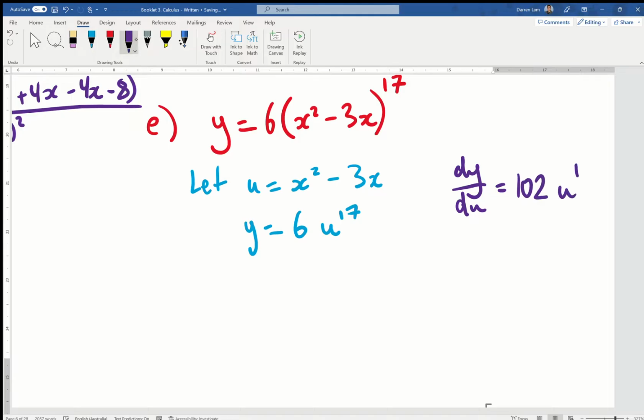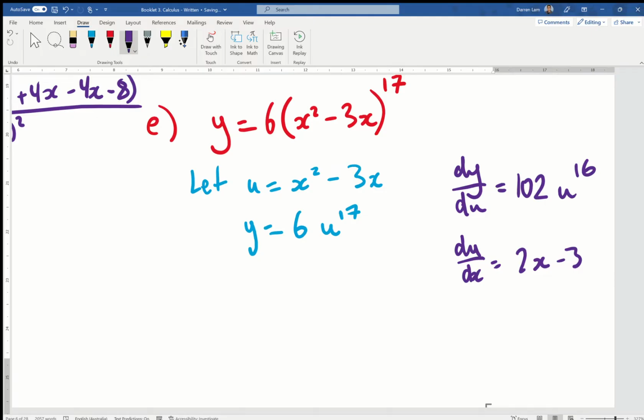U to the power of 16. Great, and then underneath that I can write du dx, which is the derivative of the function of u in terms of x, which is going to be 2x minus 3. Okay?